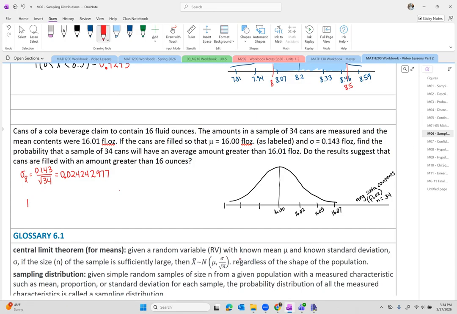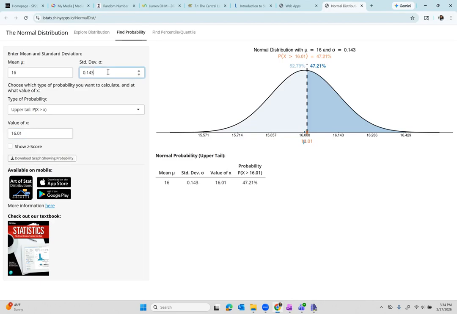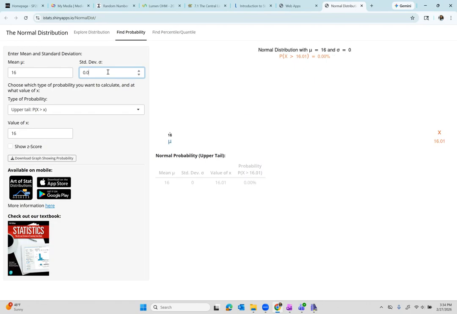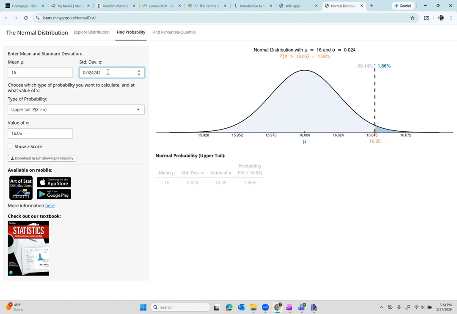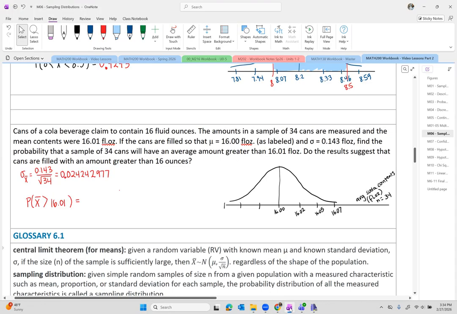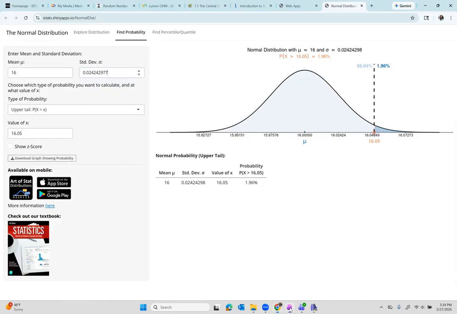So the question is, what's the probability the sample mean will be greater than 16.01 fluid ounces? So let's put those numbers in again. 0.0245. Yes. And let's try this again.